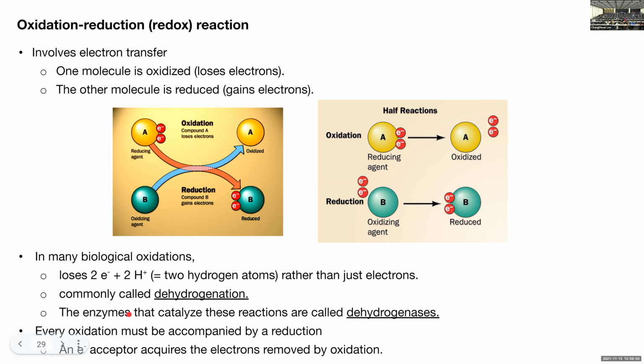And the enzymes involved in this process are called dehydrogenases. And every oxidation again should be accompanied by a reduction process too, where it accepts those electrons that were taken from the other molecule that goes through the oxidation.